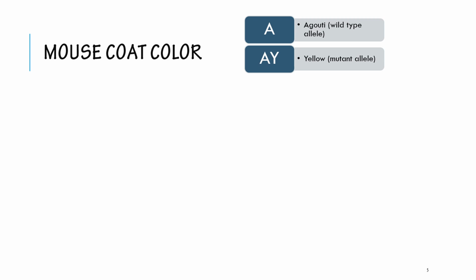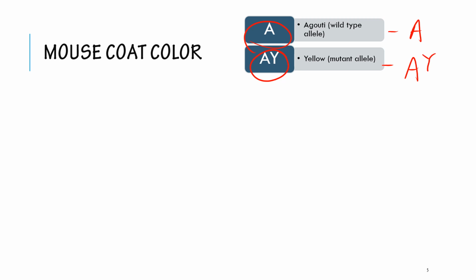Let's follow the notation used here. A is agouti, that's the brown, and A^Y is the yellow.